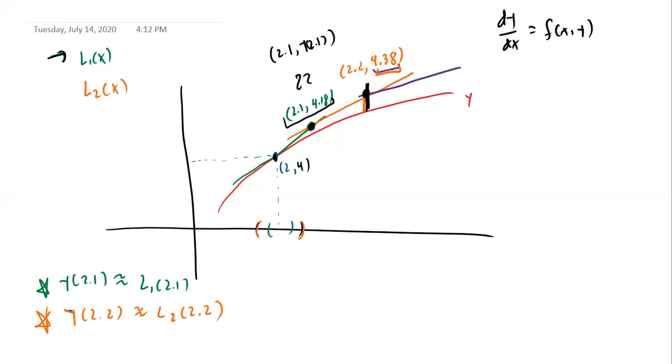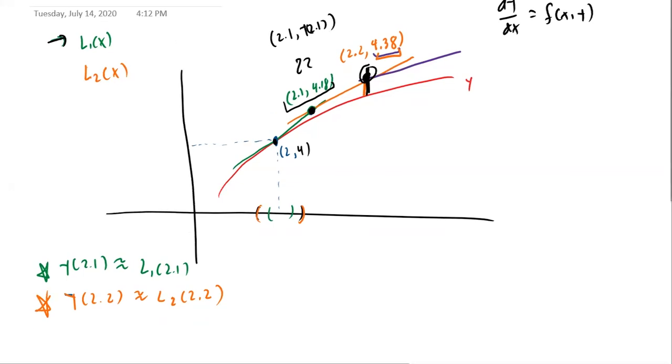If we want to do it again, say we want to approximate y of 2.3, well, we do a linear approximation about this approximate point, 2.2, 4.38. And we keep doing this. It's an iterative process, meaning that if we want to approximate y of 2.3, 2.4, etc., we just use the previous point and use a new linear approximation.